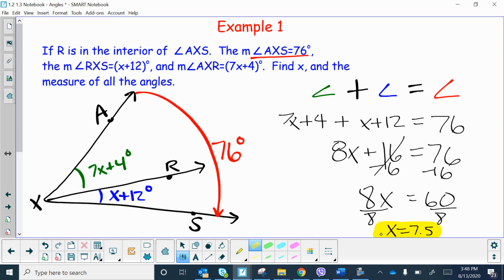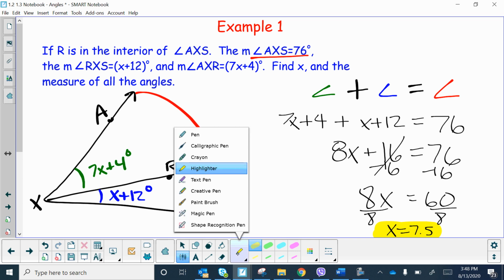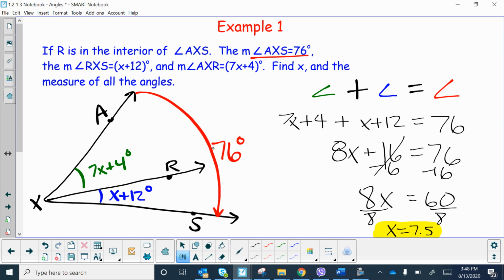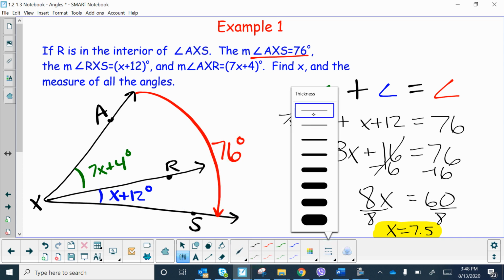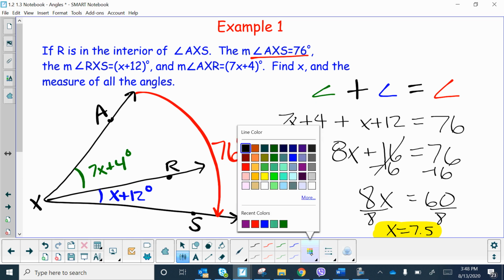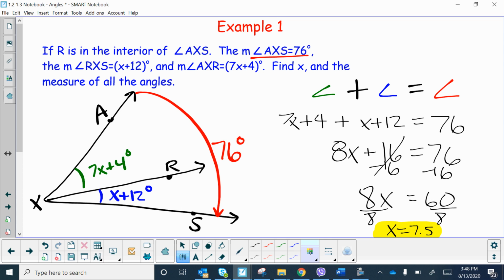And then we also have to find the measure of each angle. So we're going to have to plug that number into each one and see what we get. I'm going to plug it into this bottom one down here because that looks super easy. 7.5 plus 12, that's 19.5 degrees.